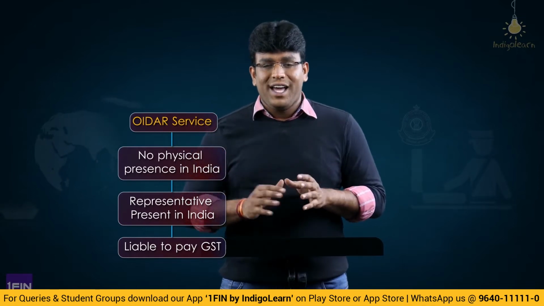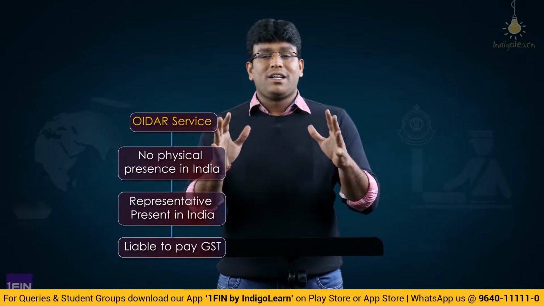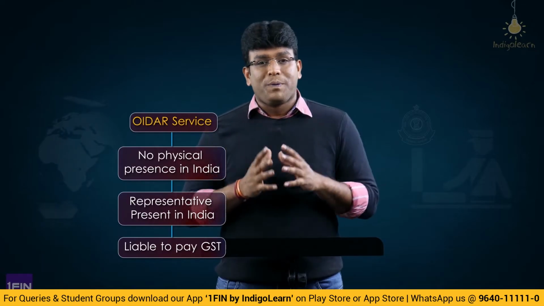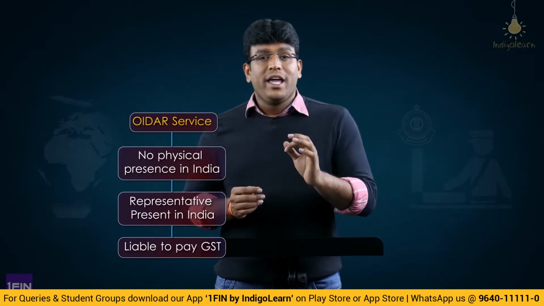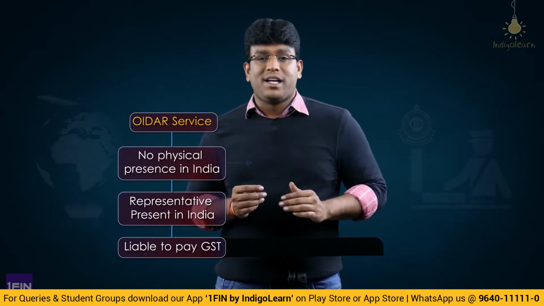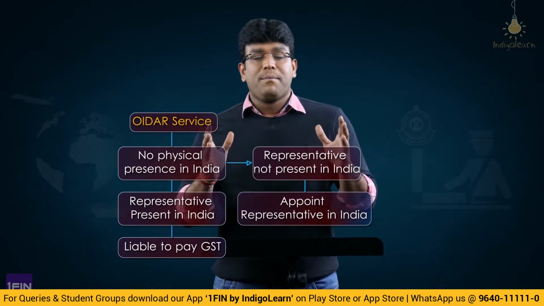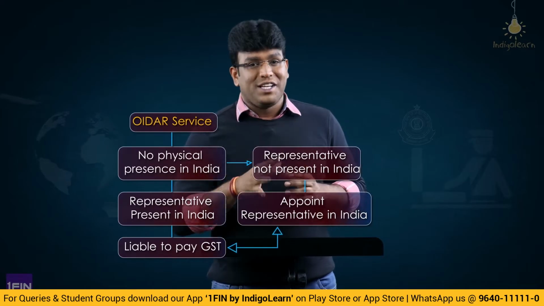Then law specified, in general, if OIDAR does not have physical presence in India, then the representative in India is liable to pay GST. However, if there is no such representative, then OIDAR must appoint a representative and make him liable to pay GST.